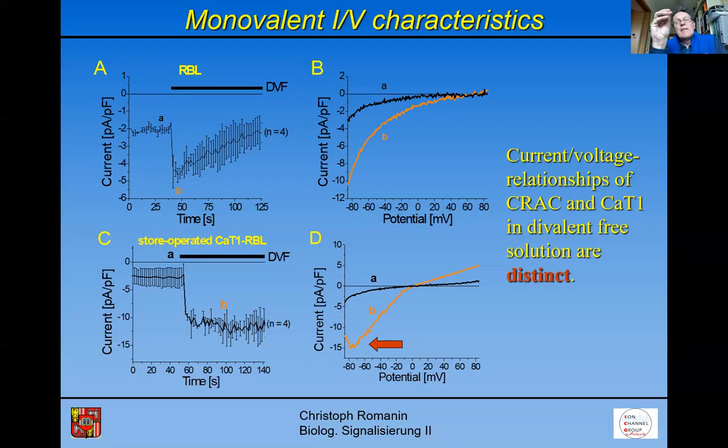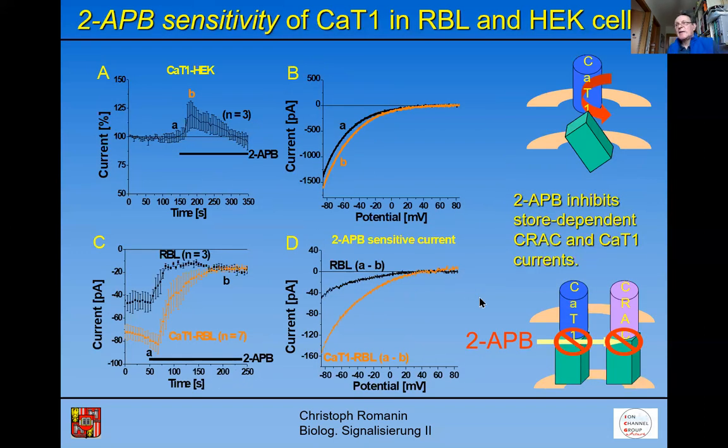Okay, the expressed CAT1 channel, at least based on biophysical characteristics, is distinct, particularly in the divalent-free solution. The current voltage relationship looks distinct compared to the endogenous crack current. And the next point was, of course, to use inhibitors that have been known to inhibit these crack channels.